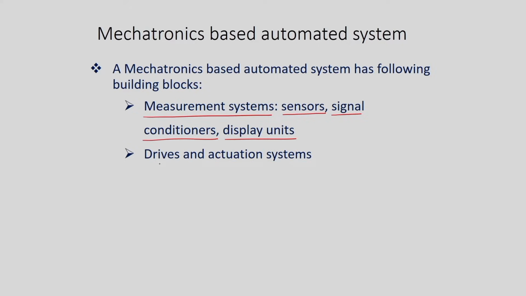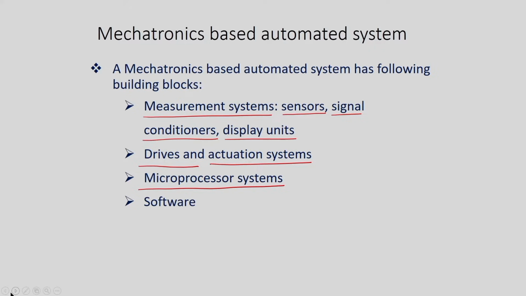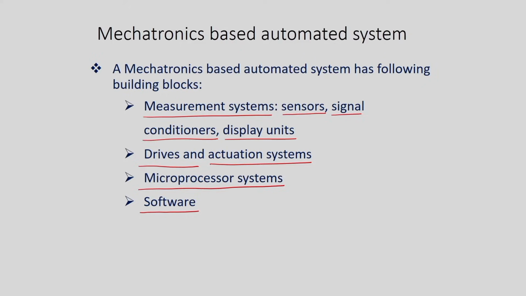The second building block is the drives and actuation systems. The third one is a microprocessor system, and the fourth building block is the software. As you know, software is a set of programs which are controlling the operations of the microprocessor system.